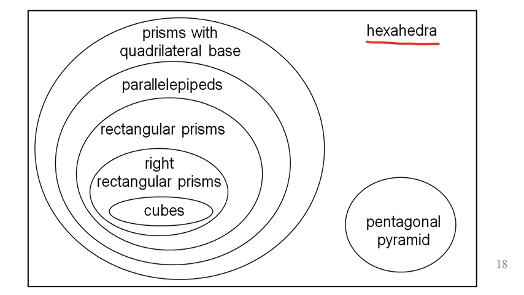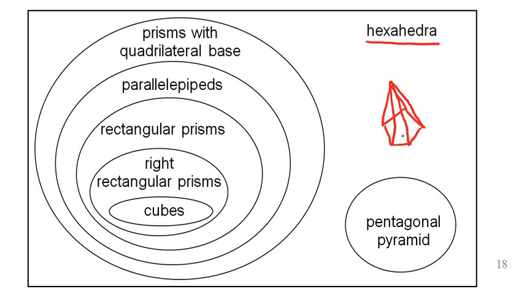And then in the very center, if I take those right rectangular prisms and actually make all of the faces squares, then I get a cube. Now there is one shape, if you think of what a pentagonal pyramid looks like, it's got a pentagon on its base, and then if you make a pyramid out of it, you can see that it's going to have 5 faces and then the bottom, which makes a 6th face.